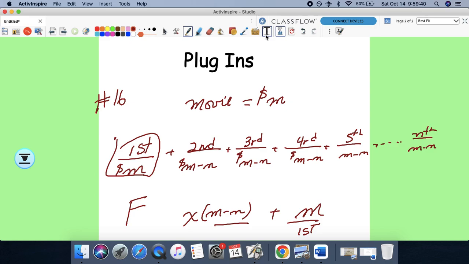One ticket for $M, each additional ticket costs N less than the first ticket, okay? The cost of the second ticket is M minus N dollars, all right?